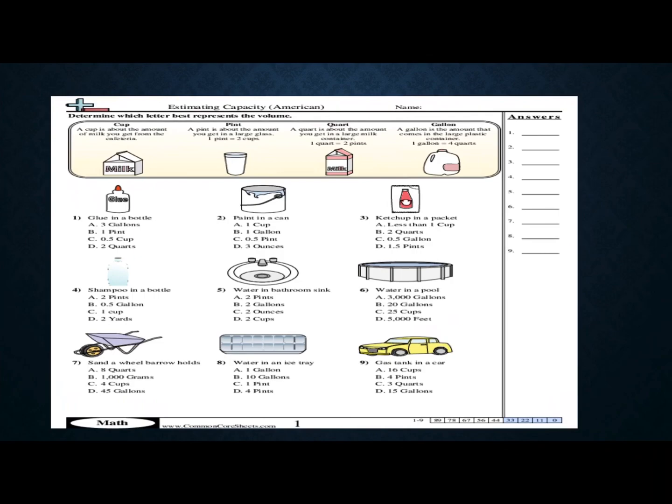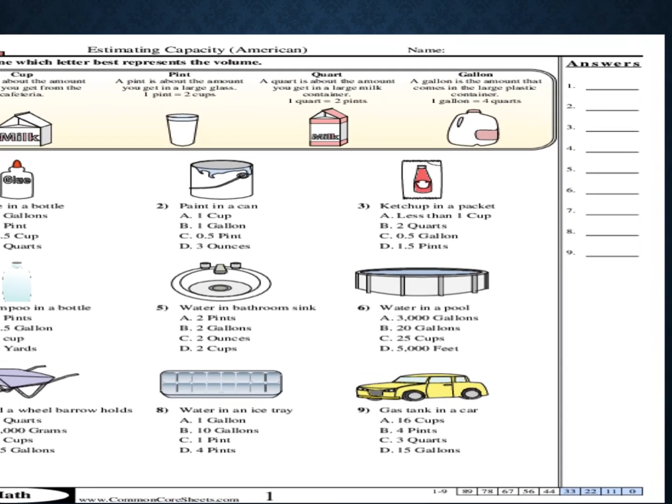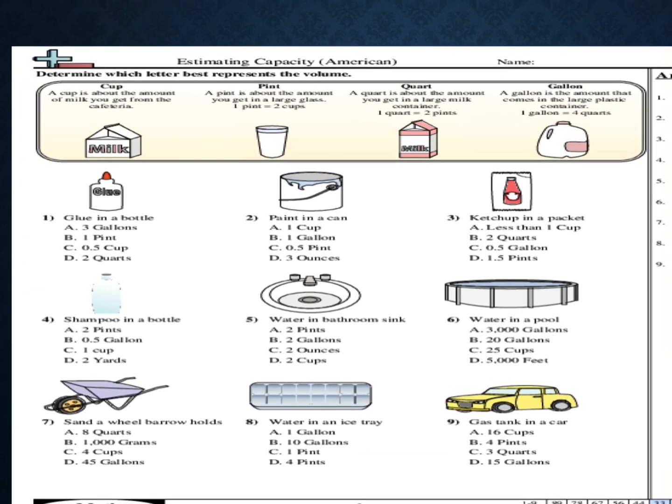Now estimating the capacity. A cup. Now look at here. A cup is about the amount of milk you get from the milk booth.